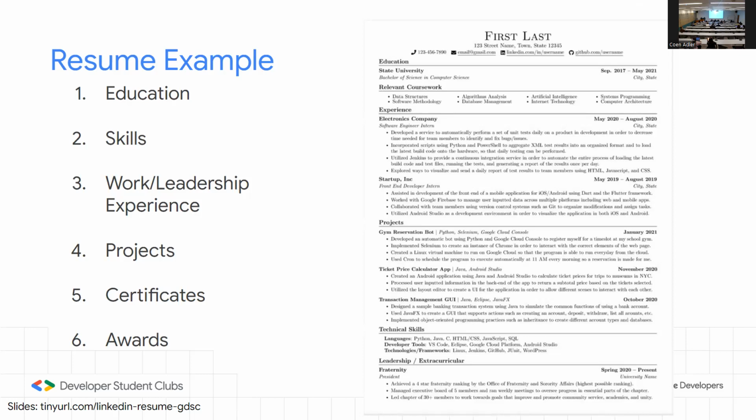I do want to note the technical skills section is all the way at the bottom, and leadership is a different category. So little things like that depend on what experience you have and how much you have for each category and what you want to show. There's definitely not a single way to format your resume, but this is the main general way that we have seen it done.